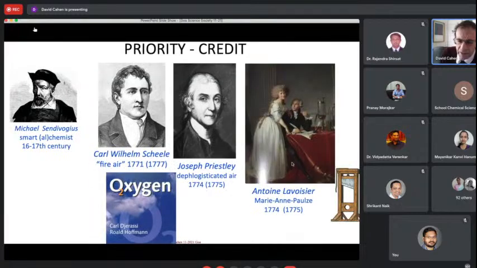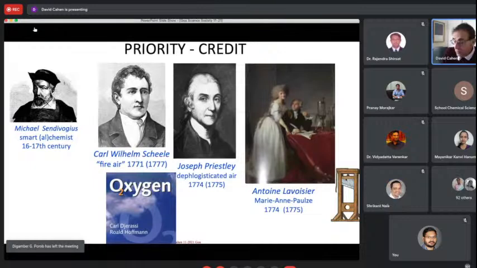This is what happened, and maybe with some justification, but the other two should at least get shared credit. And naturally, we know Lavoisier as one of the fathers of modern chemistry, and that no one can take away from him. But this picture shows the end of Lavoisier, who was too much connected with the old regime in France during the reign of terror after the French Revolution, and was guillotined.